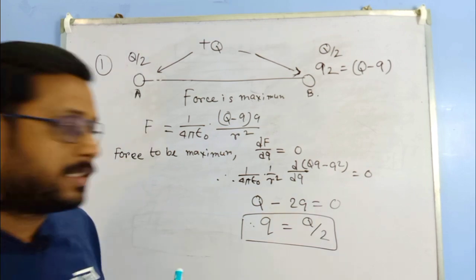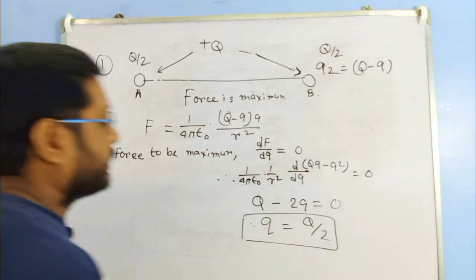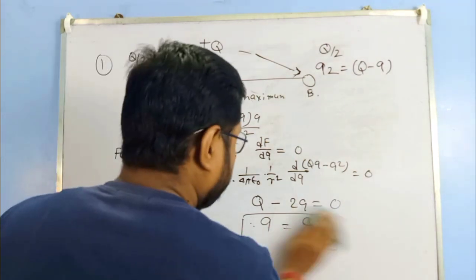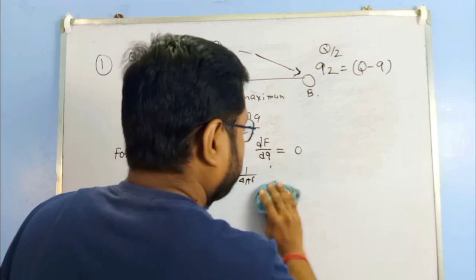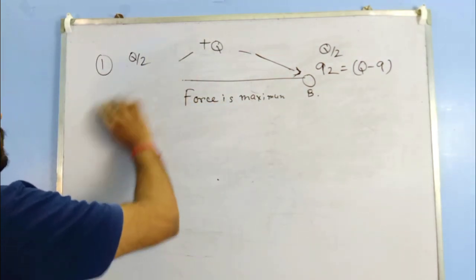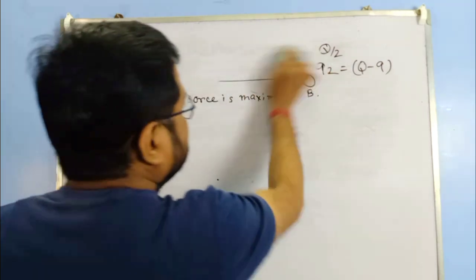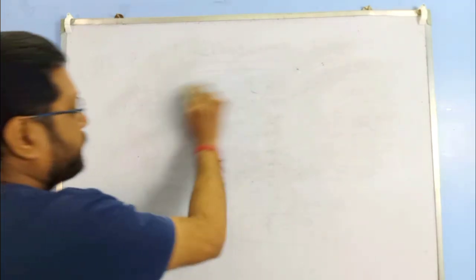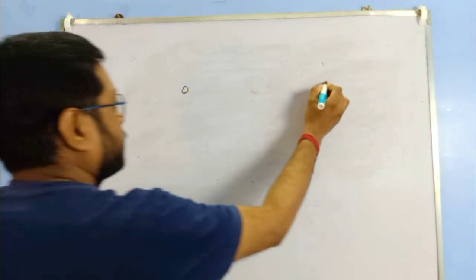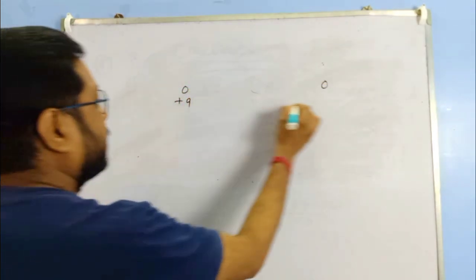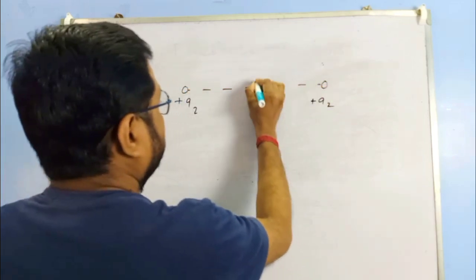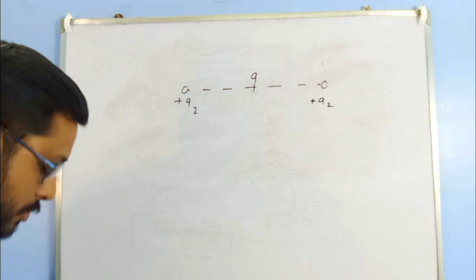Next we go with the very interesting topic for today, that is stable or unstable equilibrium. What is stable equilibrium? Suppose this is q1 and this is q2, and a third charged particle small q is situated in the middle of q1 and q2, at its equilibrium position.